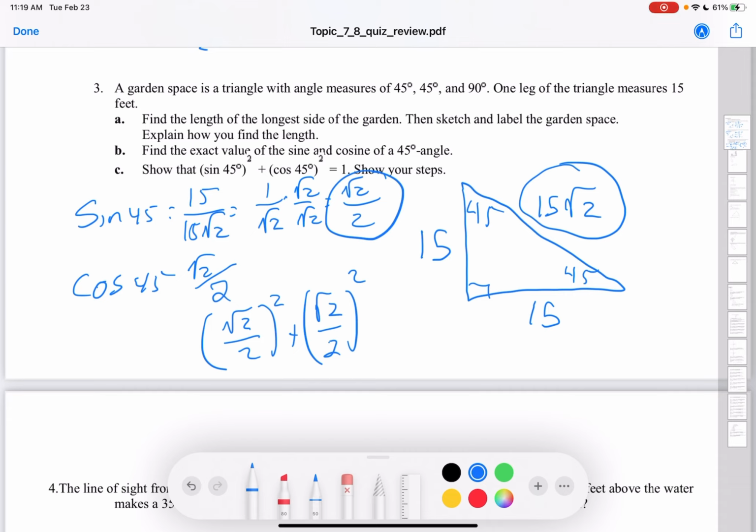So if we solve this part of it here, that's the square root of 2 squared, so that's 2. So this would become 2 over 4 plus 2 over 4, which is just 4 over 4, which is equal to 1. And there it is. And you're done.